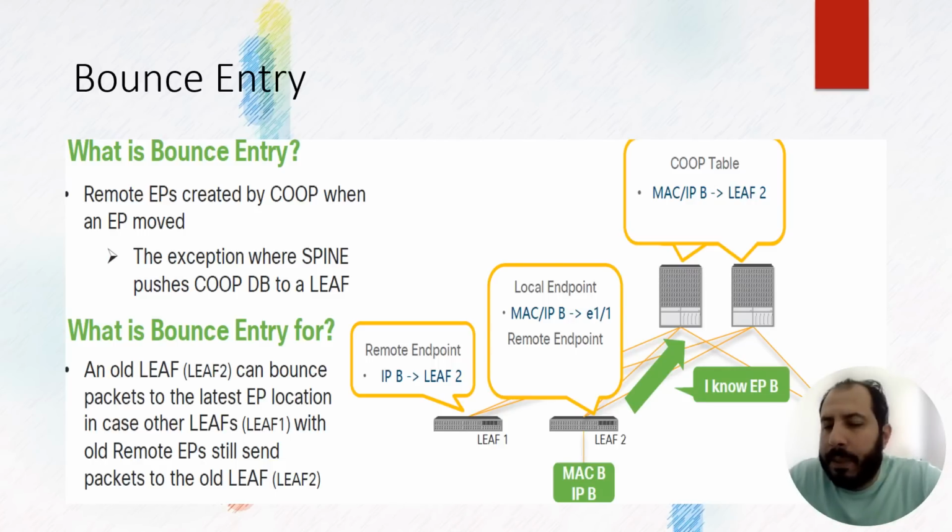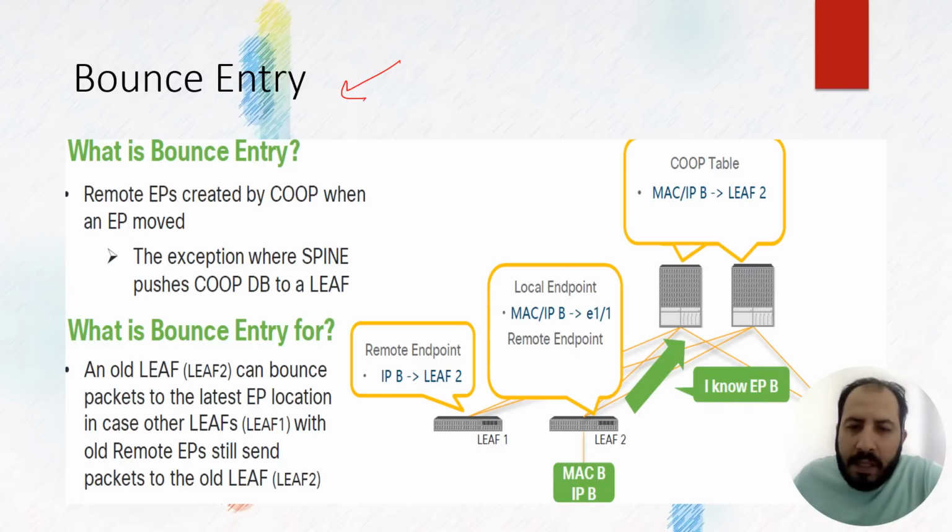Last but not least, we'll discuss the bounce entry feature. What is the bounce entry feature? The bounce entry feature is an action taken inside the Cisco ACI to allow seamless mobility of the endpoint without flushing the local endpoint table and the global endpoint table as well.